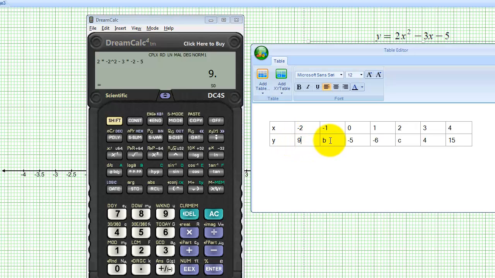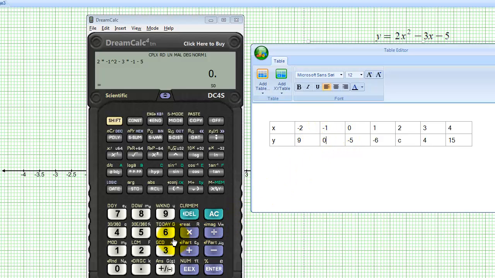To find b, we will let x be negative 1, and hence we will have 2 multiplied by negative 1 squared minus 3 multiplied by negative 1 minus 5 equals to 0. And the value of b will be equals to 0.